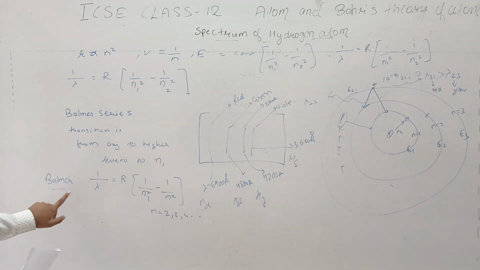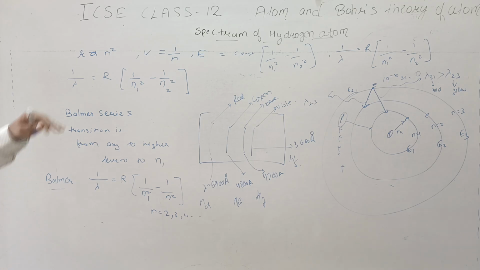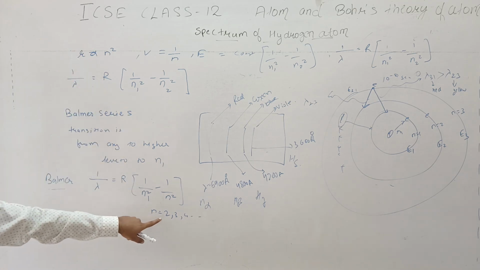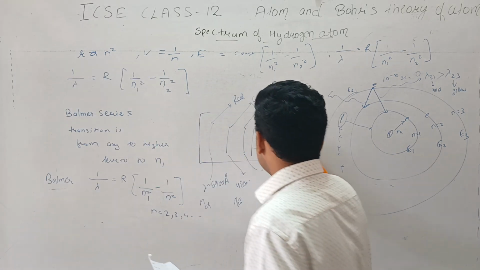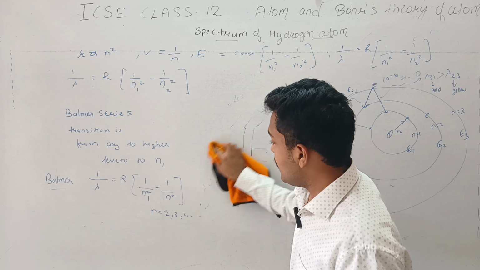So this is the Balmer series. For the Balmer series, the transition is from any higher level to the n1 level. The scientist Balmer studied this series. After that, we have another series. The other series we will study.